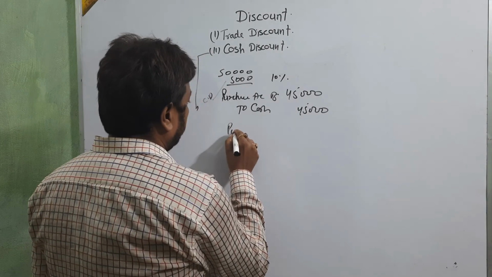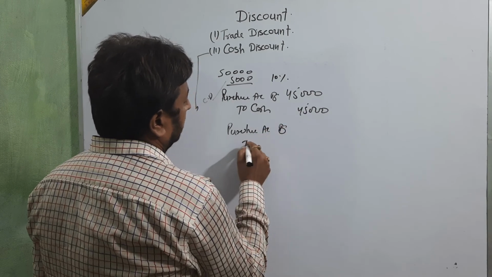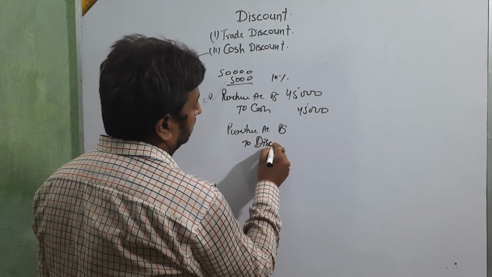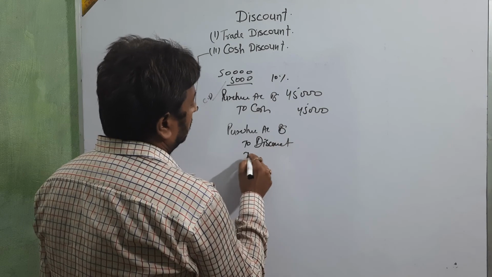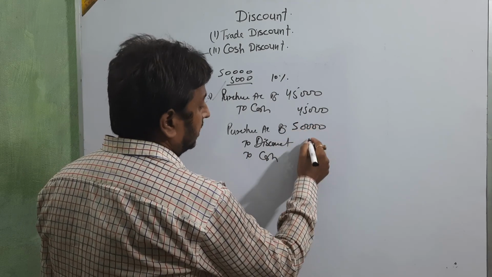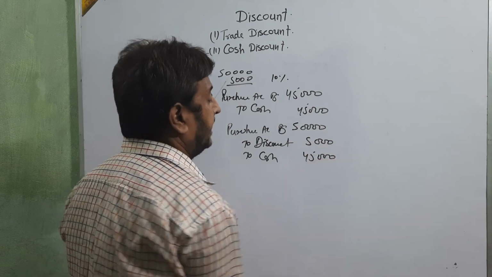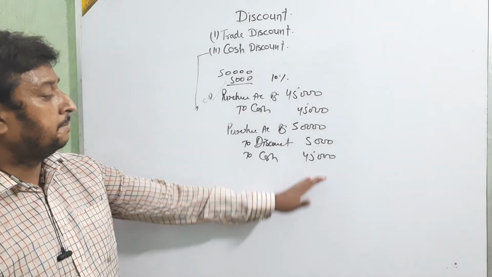Then the entry is purchase account debit to discount and cash. Here the transaction is 50,000, but 5,000 is discount and 45,000 is the main payment of cash.